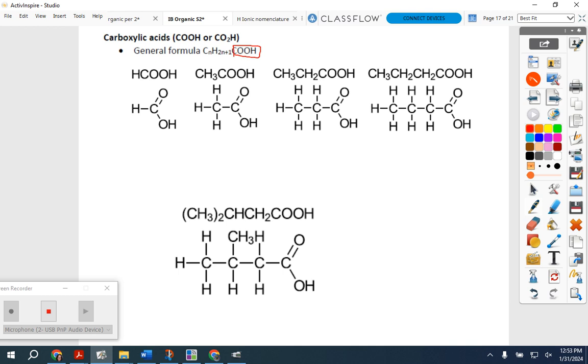It's going to be our root or our stem, our AN, EN, or YN, and then the suffix is -oic acid. So this is methanoic acid, ethanoic acid, propanoic acid, butanoic acid. Okay.